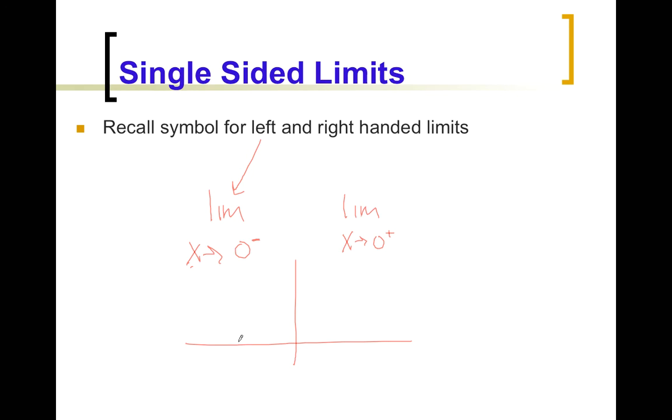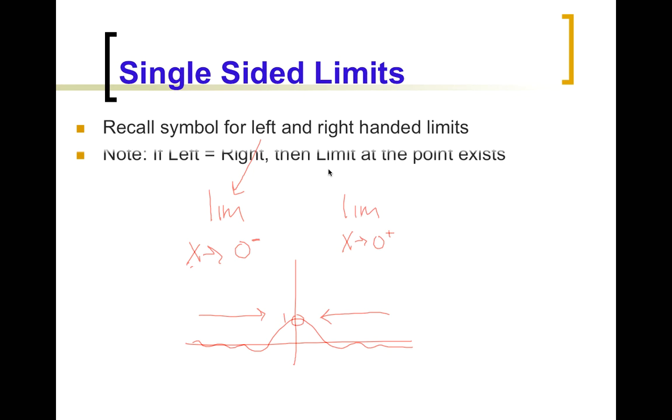So if we looked at that sine x over x again, if we approach from the left-hand side, it's 1. If we approach from the right-hand side, it's also 1.